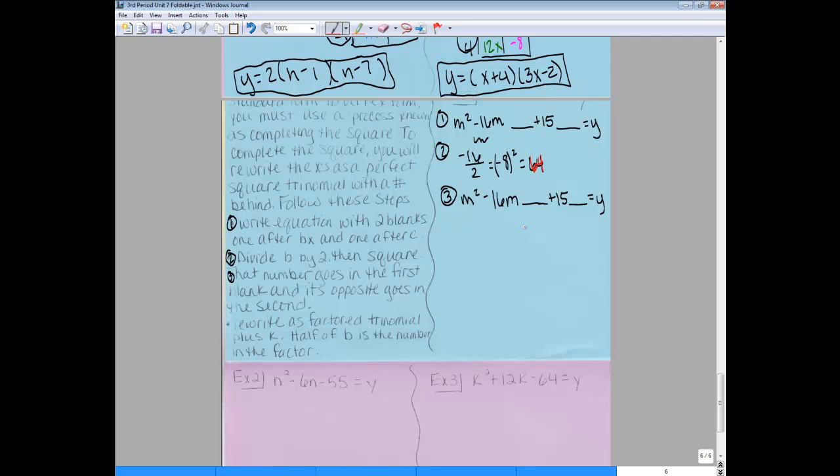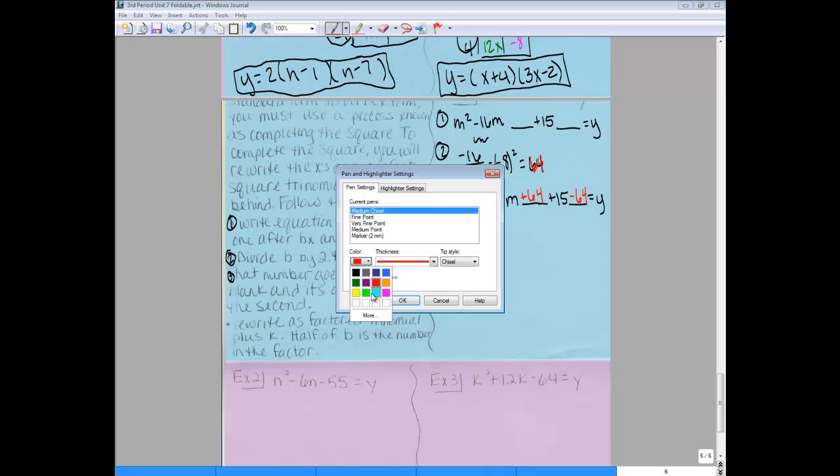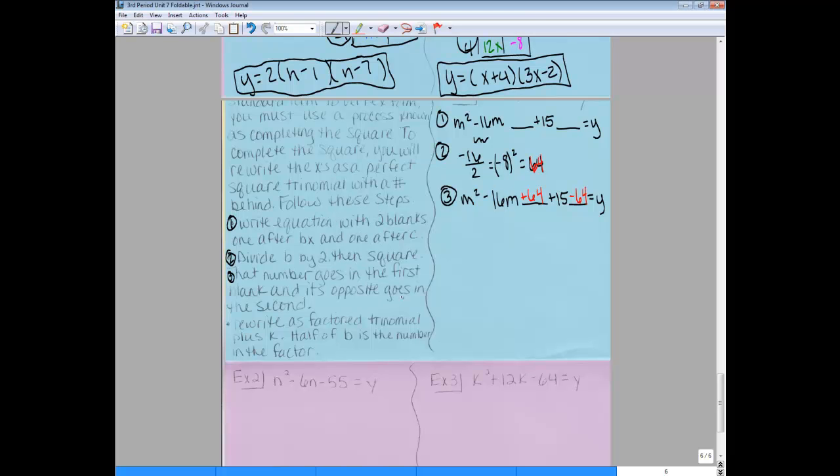So what I'm going to put in my blanks is a plus 64 on the left and a minus 64 on the right. And then we will simplify that. So what we have is m squared minus 16m plus 64, and then we're going to combine these two together, which is really minus 49 equals y.